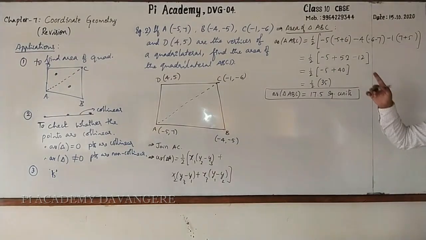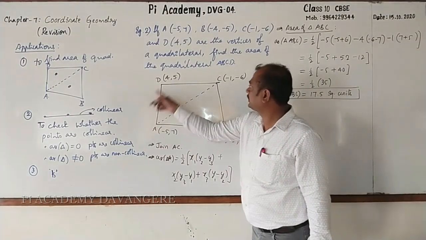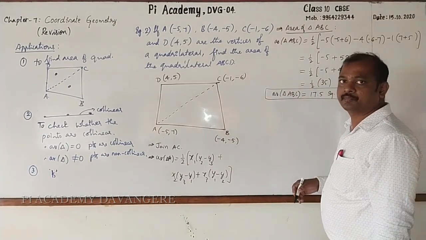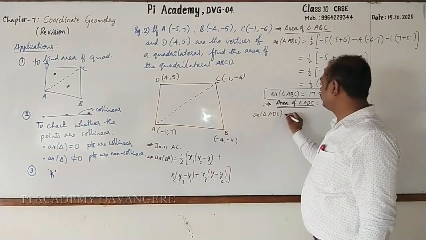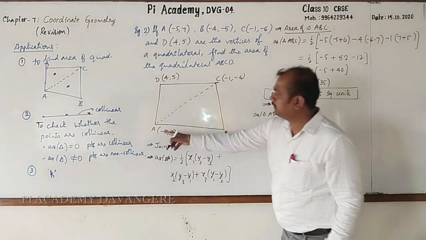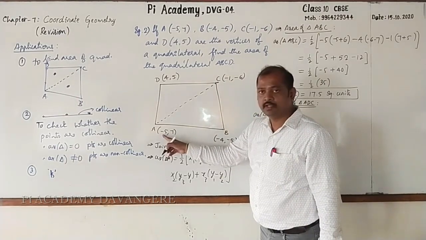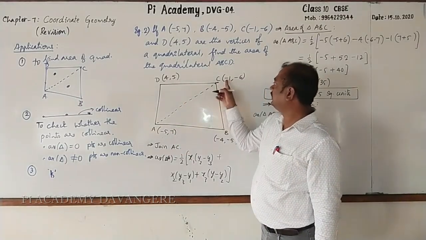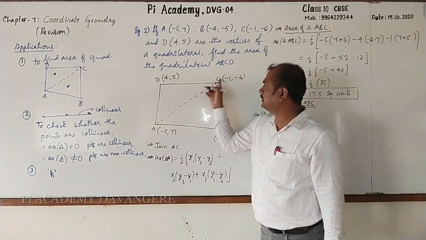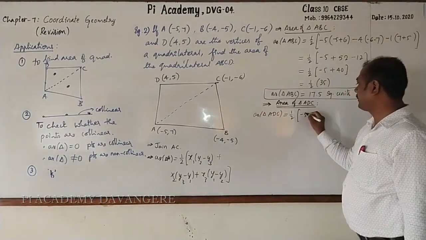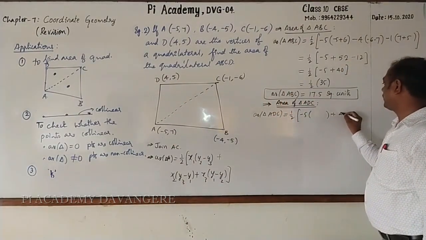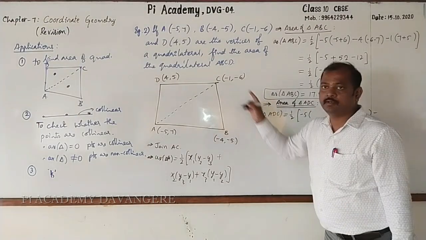Next, we shall find the area of triangle ADC. Right. Try to find it yourself. Hope that you all have found the area of triangle ADC. Then just observe. Okay, ADC. Now this time, this is x1, y1, x2, y2, x3, y3, in this order. I'll take first x1, x2, x3: minus 5 of, then 4 of, minus 1 of.